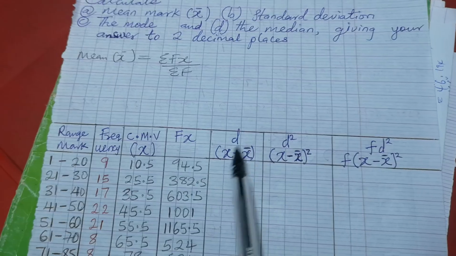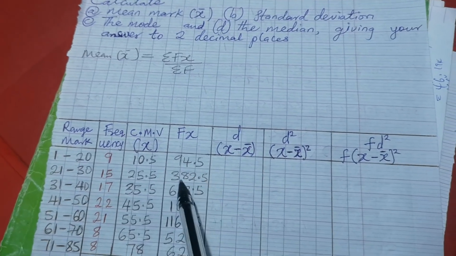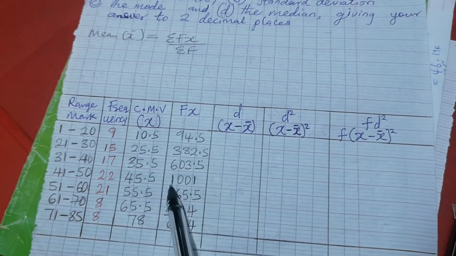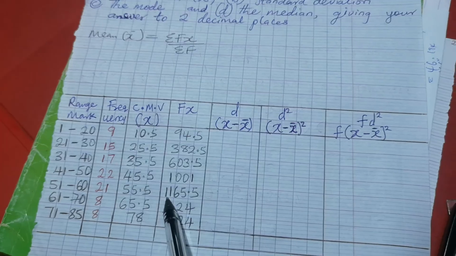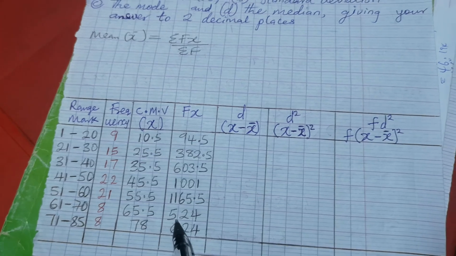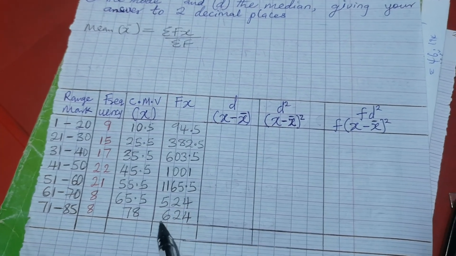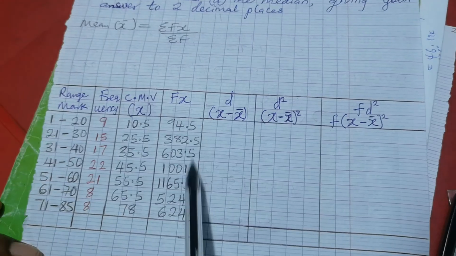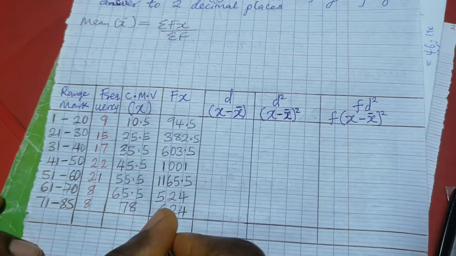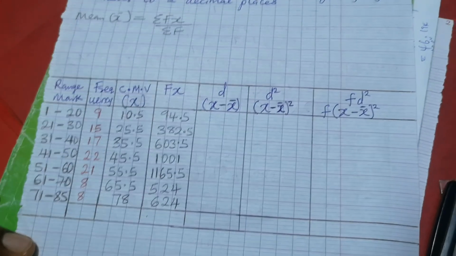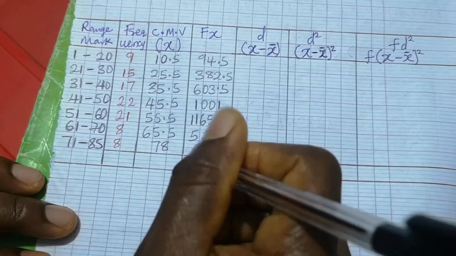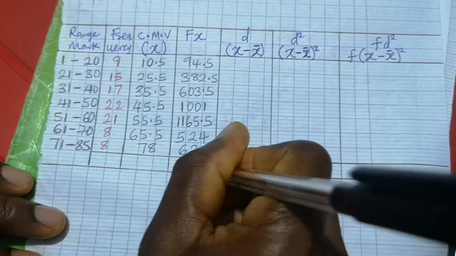I will just do 94.5 plus 382.5 plus 603.5 plus 1001 plus 1165.5 plus 524 plus 624. After all this, it gives me 4395.